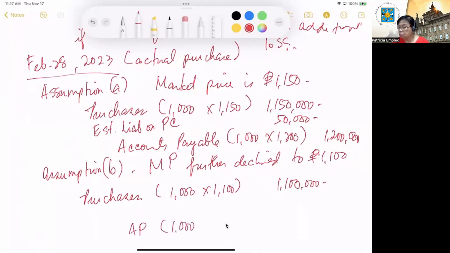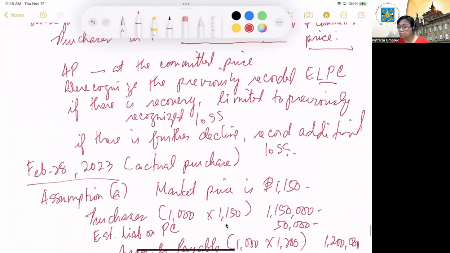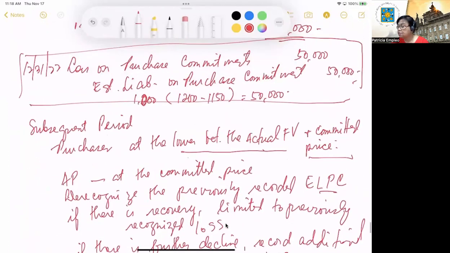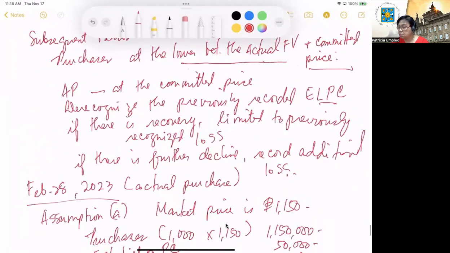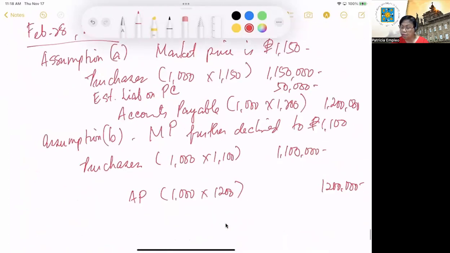So that is 1,000 times 1,200 pa rin. Therefore, that's 1,200,000. You are to recognize the previously recorded estimated liability of purchase commitment. Do not forget to cancel it. So we debit estimated liability on purchase commitment, which is 50,000.